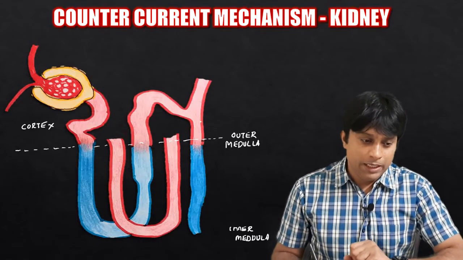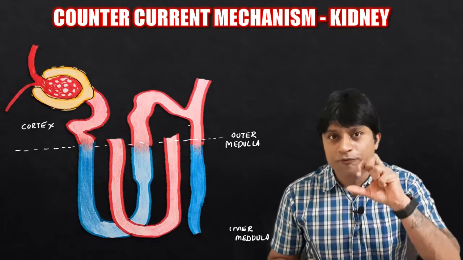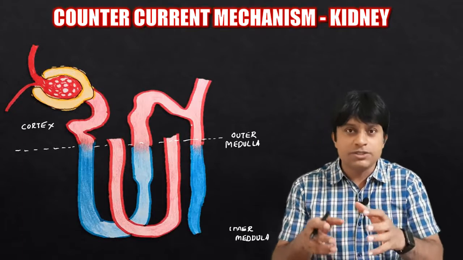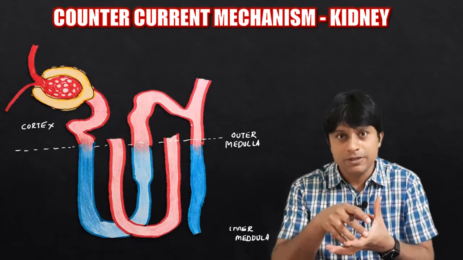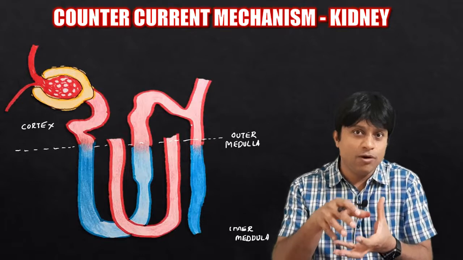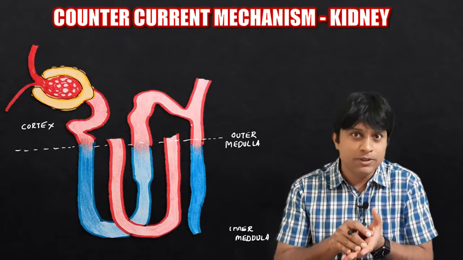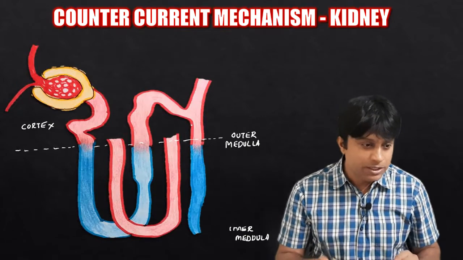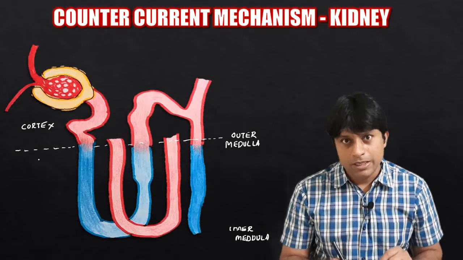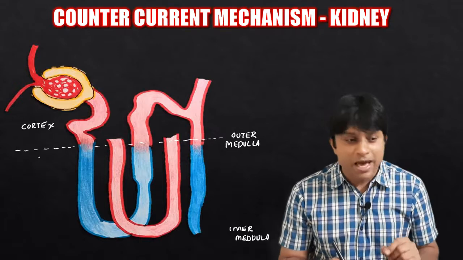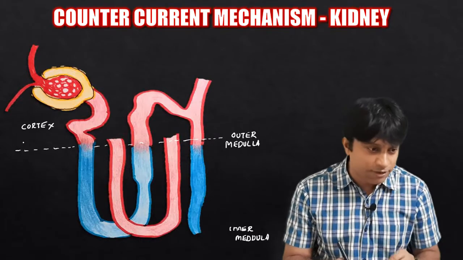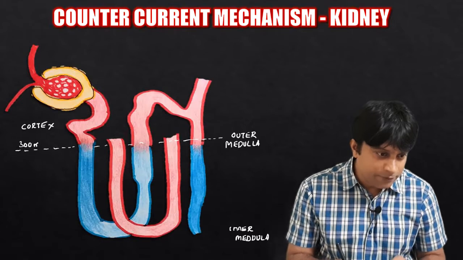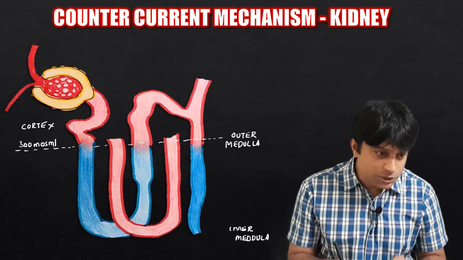Fine. Now, when you find out the concentration of the medulla, that is the concentration of the interstitium, I can say that the osmolarity of the medullary interstitium increases from outer medulla to inner medulla. That means in the cortex, the osmolarity of the interstitial fluid is around 300 milliosmoles per liter.